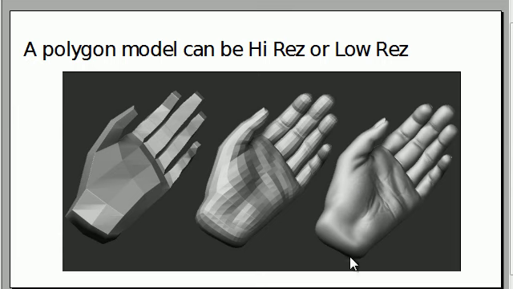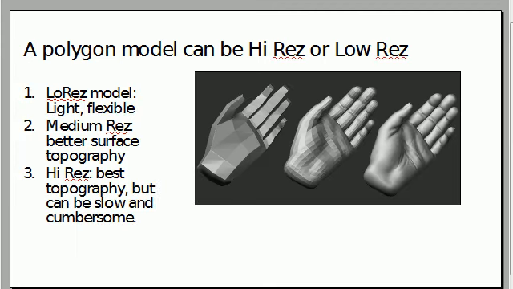This is more what you tend to be looking for with a surface topology, because it's going to give you a better and clearer result. However, low-res models are much lighter, and they use much less computing power, so when you're animating, low-res models are definitely your friend. Medium-res, again, you've got better surface topography. It's easier to see.